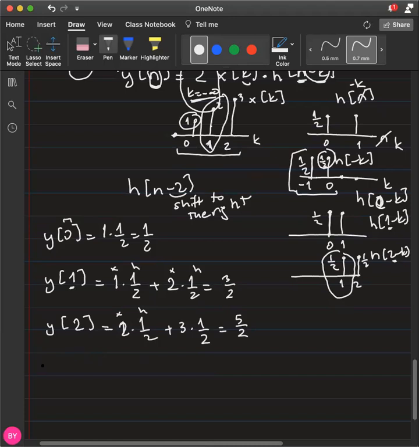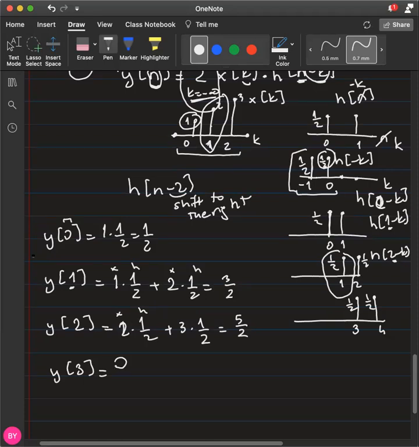If I write y of 3, what should I do? I should take this and move once more. It will be 3 and 4, 1 over 2, 1 over 2. And do I have anything here? 3. This is 0. And this is 1 over 2. 0 times 1 over 2 is 0. So there is no more overlap between my h and x, and I will stop my convolution at this point.